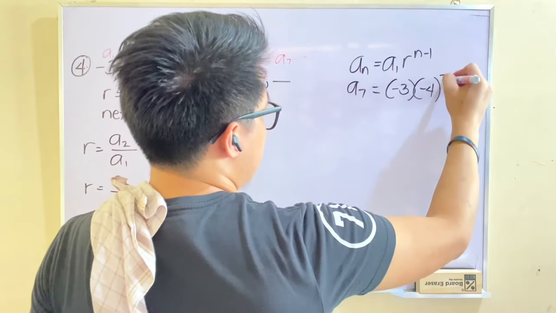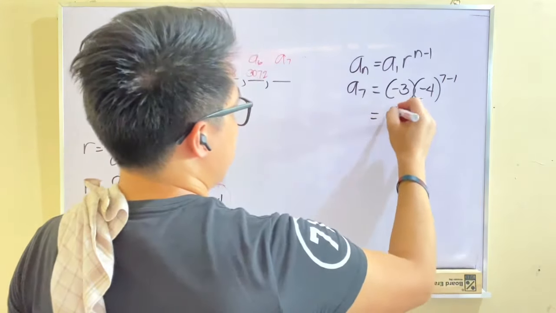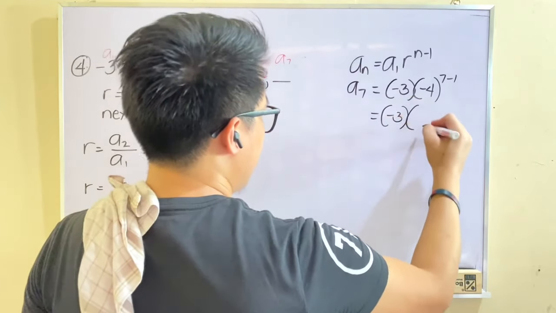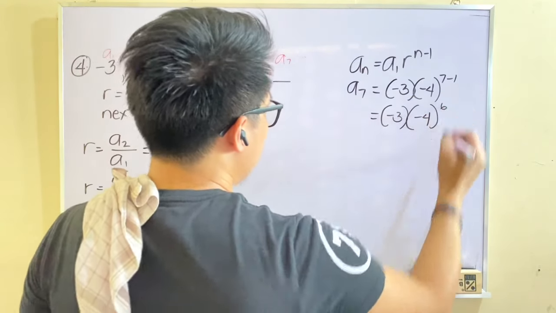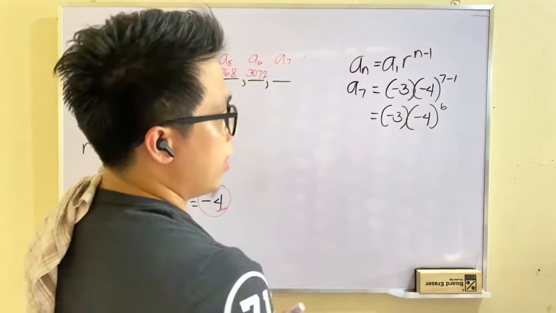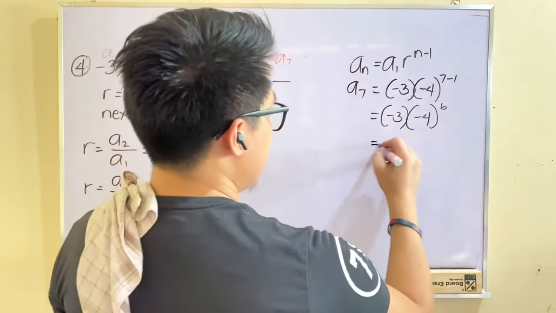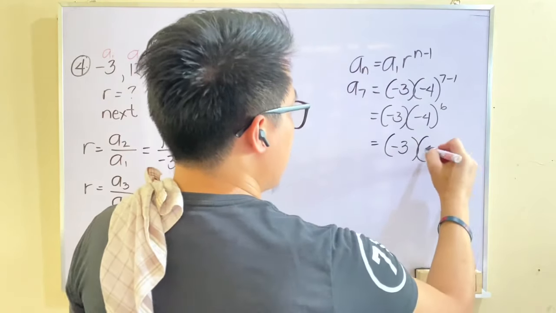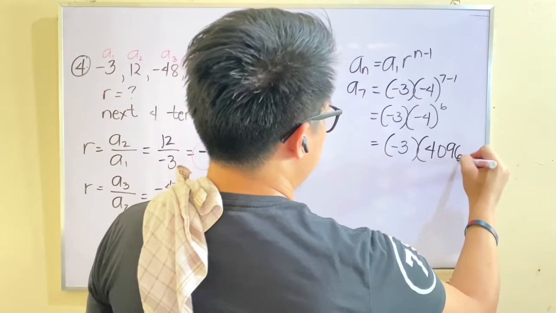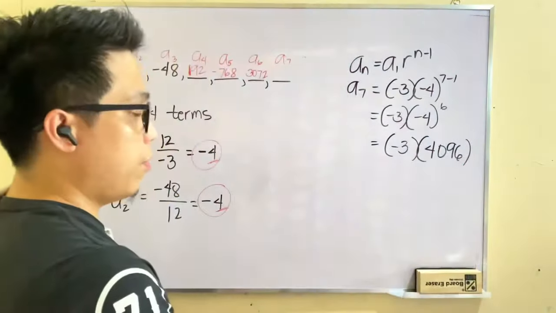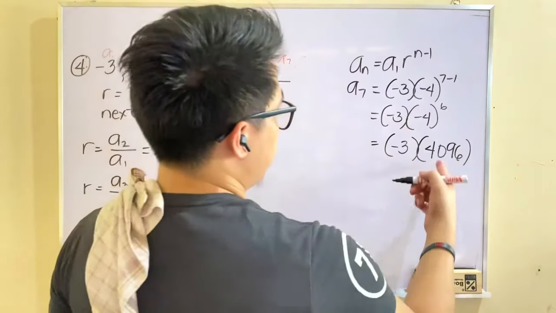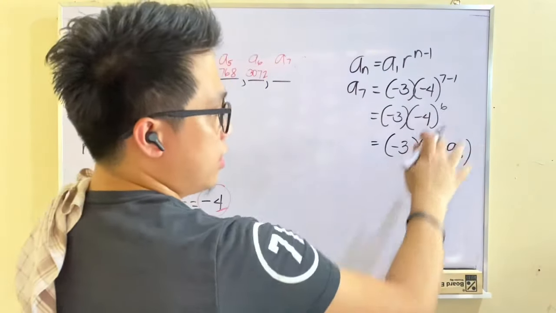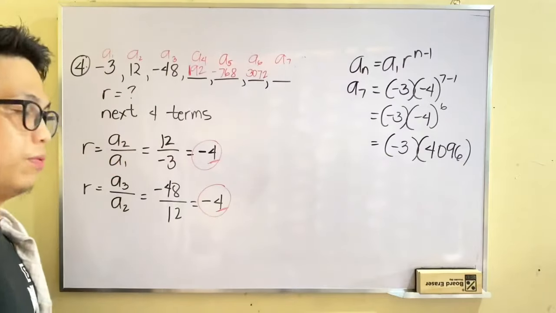Ang n is 7 minus 1. Negative 3 times negative 4 raised to 6. So, solve natin yung negative 4 raised to 6, which is 4,096. Is it positive or negative? It is positive. Bakit? Kasi yung 6 is a even number.